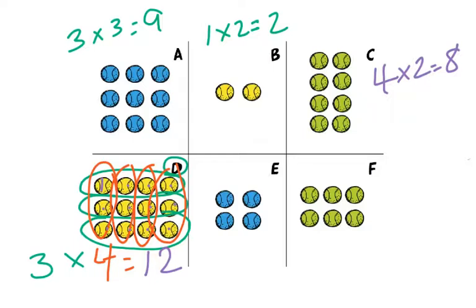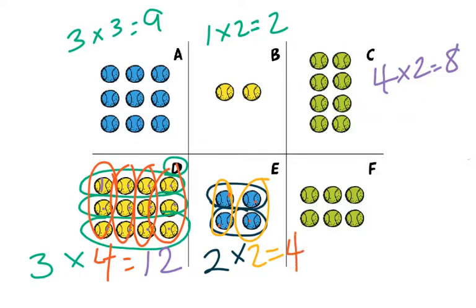Great. Let's take a look now at E. E has 2 rows, 2 times 2 columns equals 1, 2, 3, 4. Awesome. 2 times 2 equals 4.